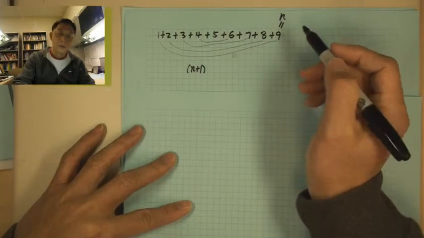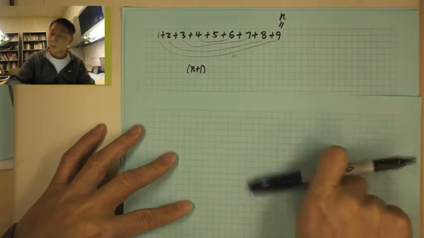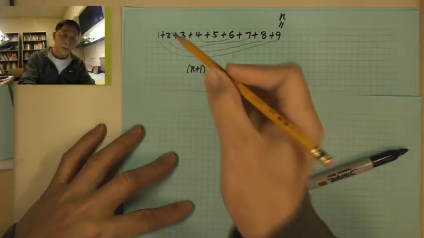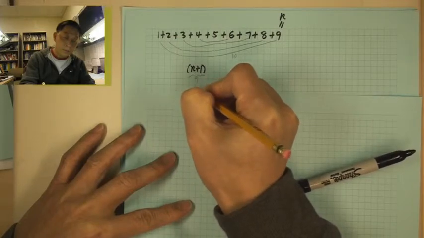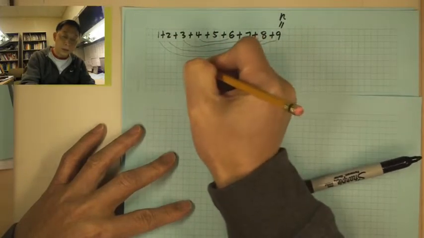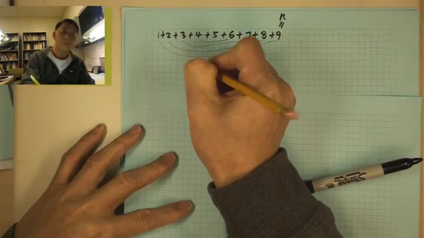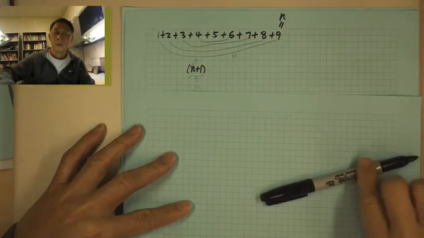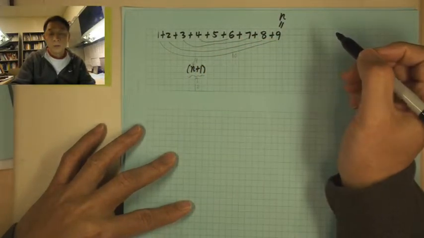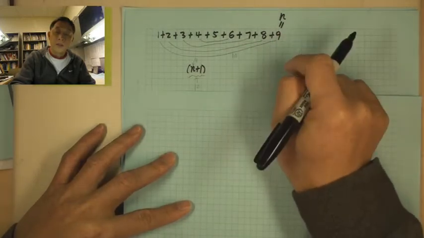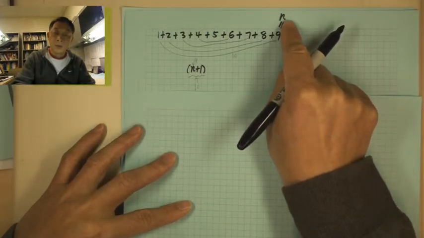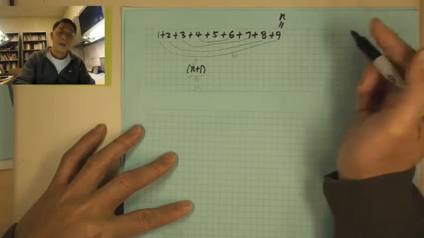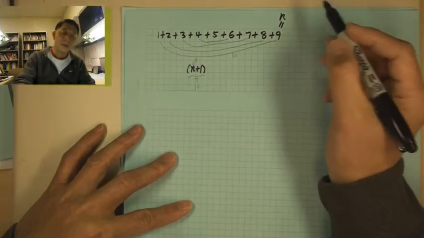Each pair together is 10, and n is 9. So there are 4 pairs. How did we calculate that?